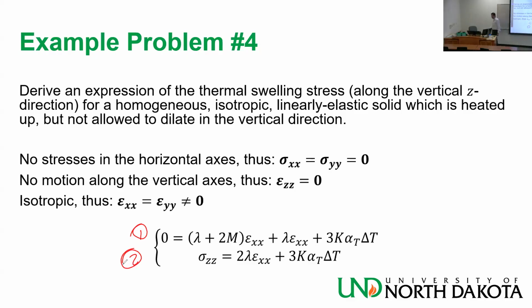So I will have epsilon xx lambda plus 2m minus lambda equals 3k alpha t delta t.